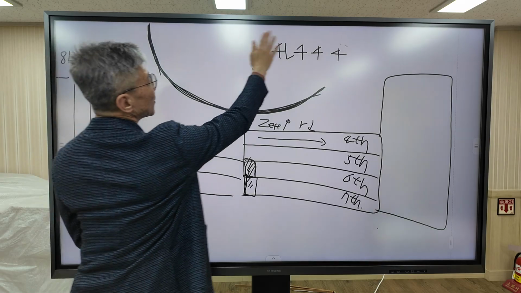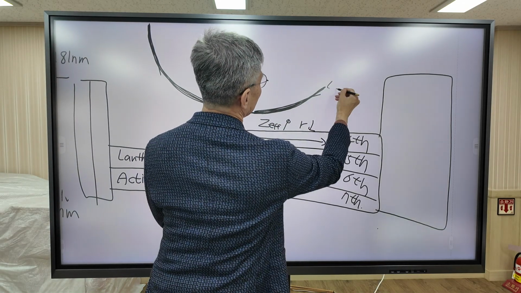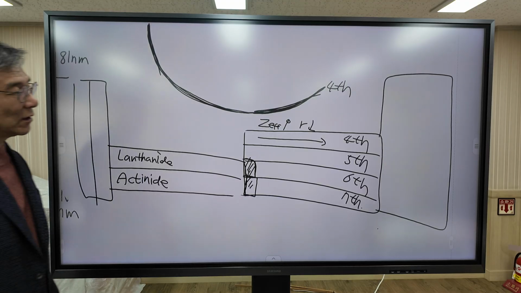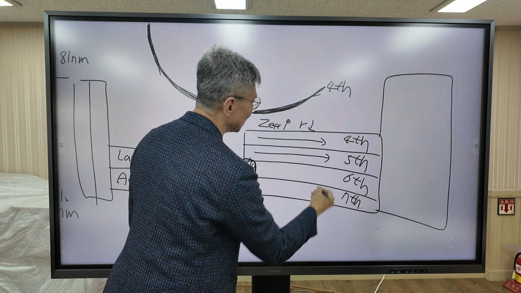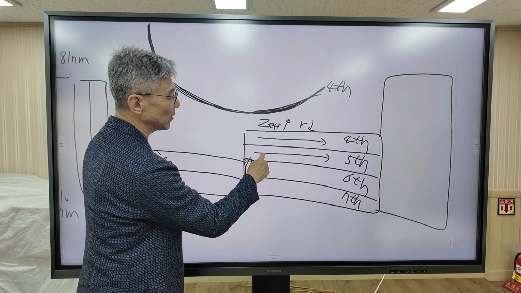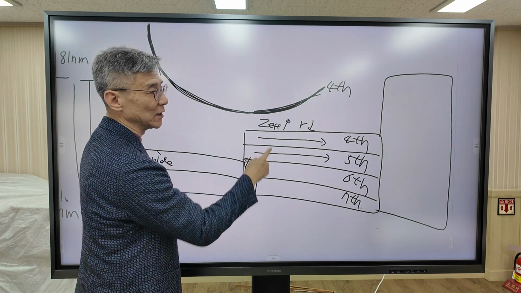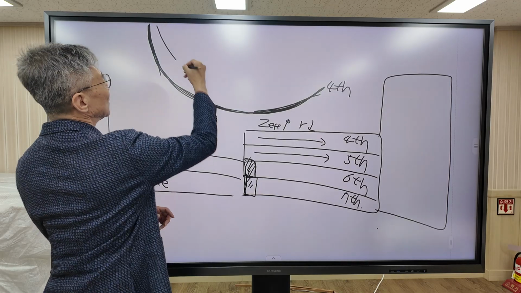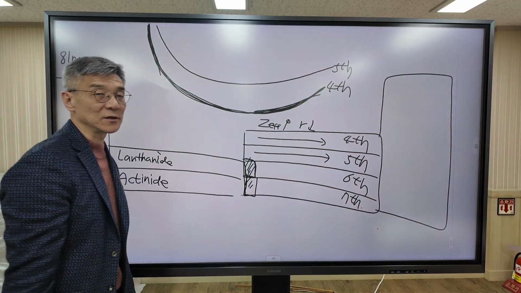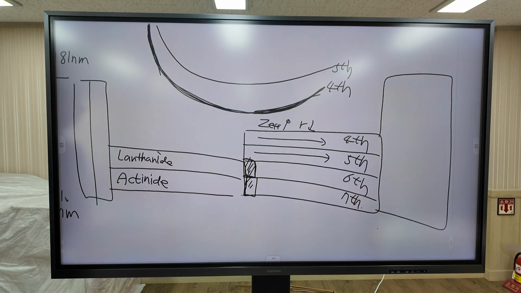So this is the atomic radius of the 4th period transition metals. The 5th period elements show the same trend, but the principal quantum number increases by 1 unit, so the 5th period elements sit above the 4th period transition metals.